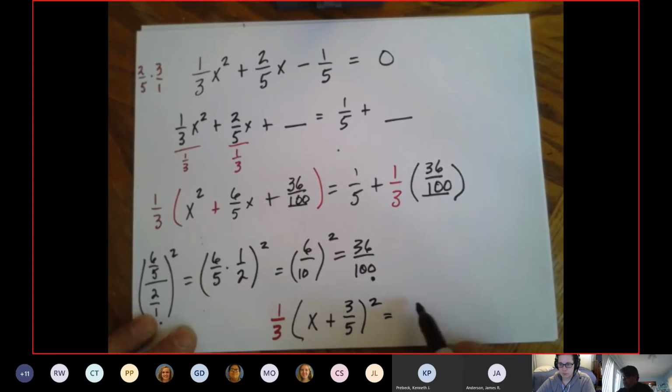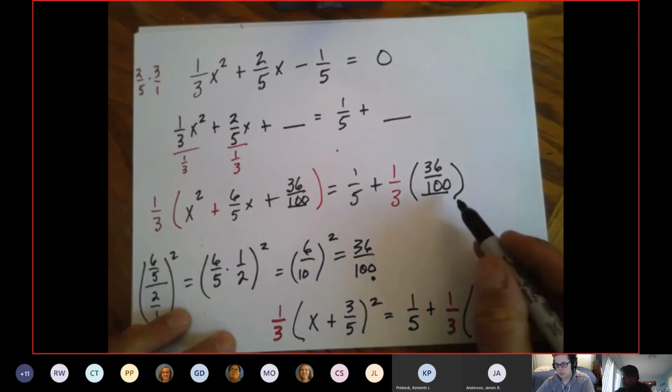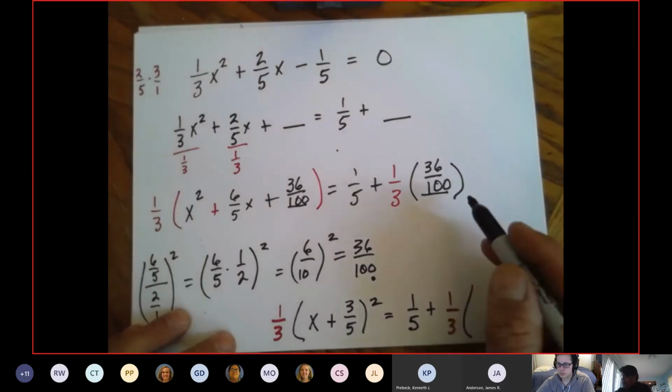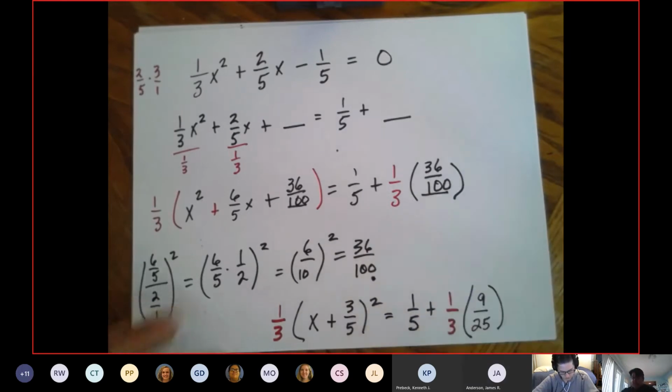Equals 1/5 plus, and I'm going to put that 1/3 here, and 36 over 100 is going to be, what did I say it was? 9 over 25. Somebody help me out. Yes, 9 over 25. Okay. So now we got 1/3 x plus 3/5 quantity squared is equal to 1/5 plus 1/3 times 9 over 25.